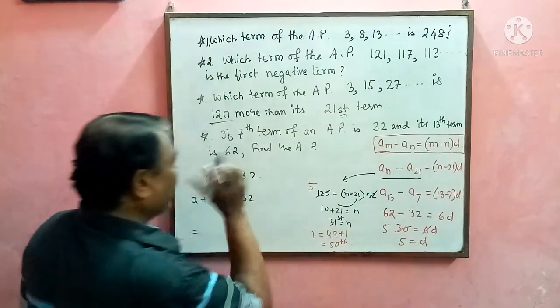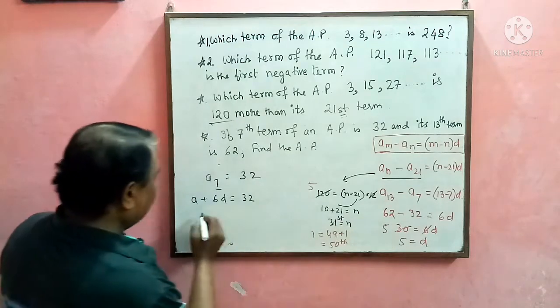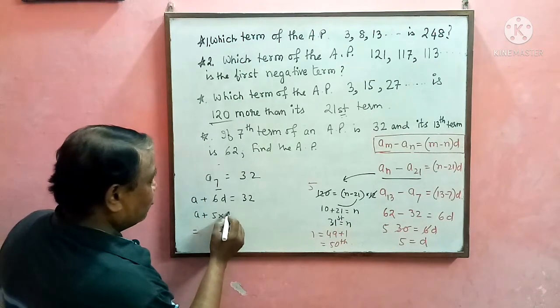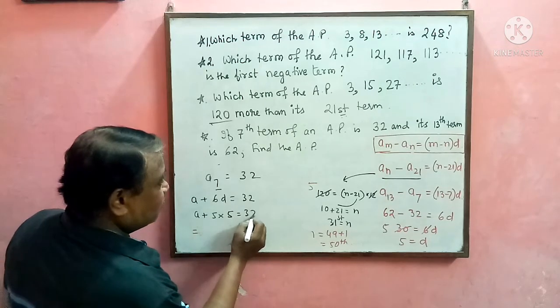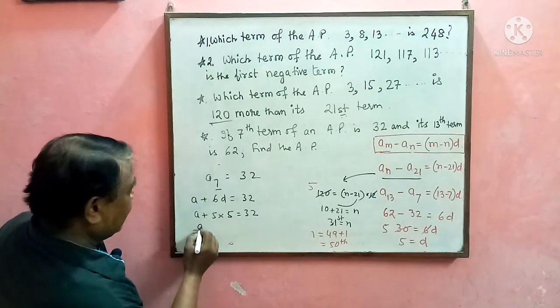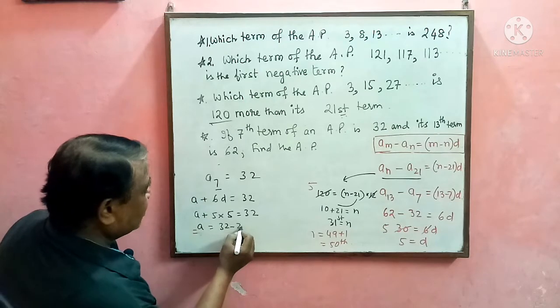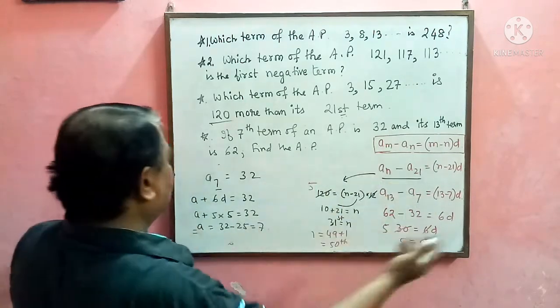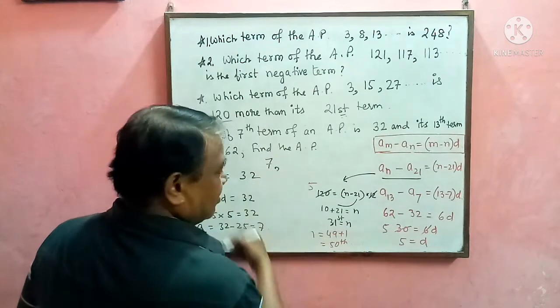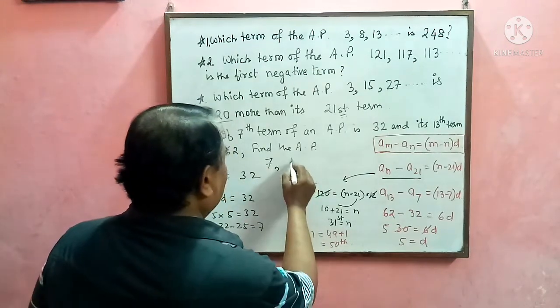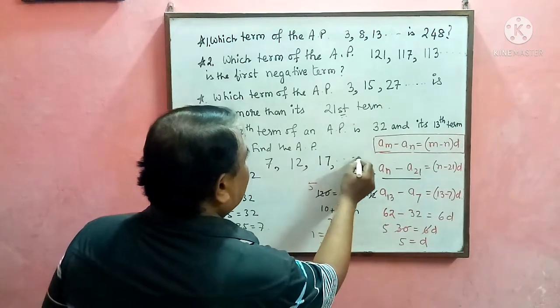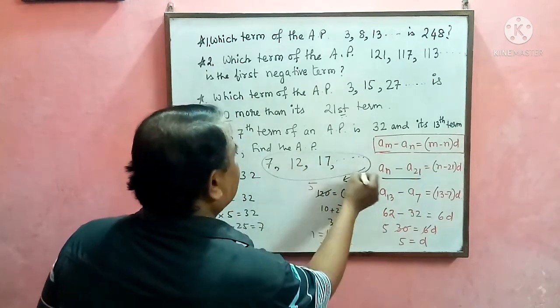Now you put the value of your d here: a plus 6 into 5 is 32. And so a is equal to 32 minus 30, wait, a plus 5 into 5 as written, giving a equal to 7. So the AP is what? The first term is 7, 7 plus 5 is 12, 12 plus 5 is 17, this way is the progression. This is the AP.